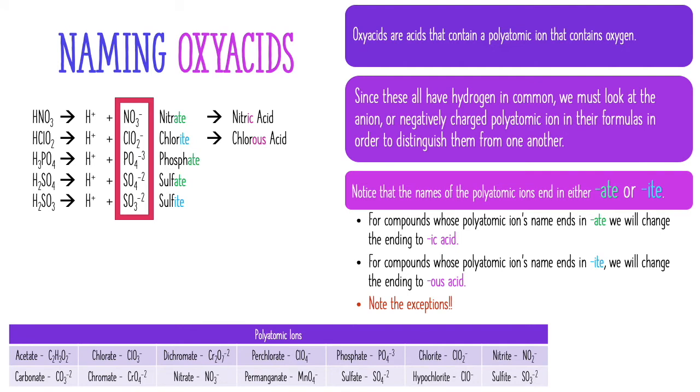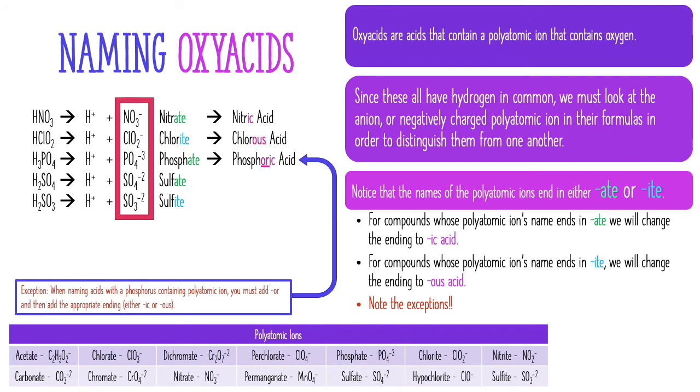The last three polyatomic ions all have exceptions. Anytime you have anything that contains sulfur or phosphorus, you will have some exceptions, so that's a good thing to make a note of. So phosphate is going to become phosphoric acid. It ends with ATE, and we still add that IC on the end, but before we can put that IC, we have to add an OR.